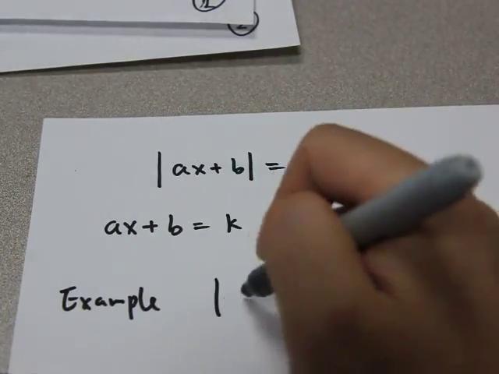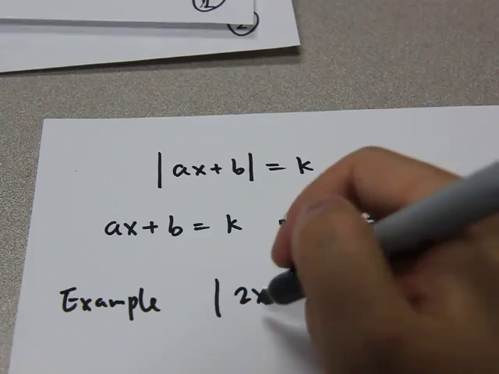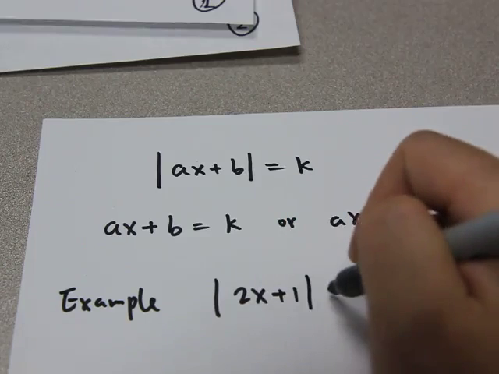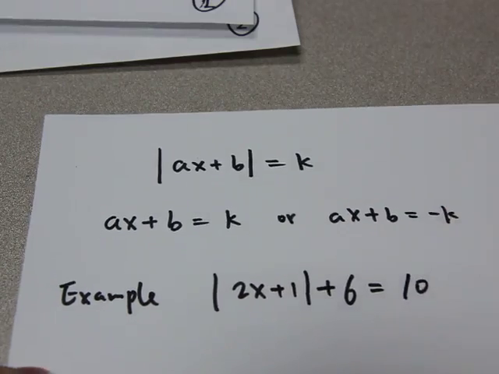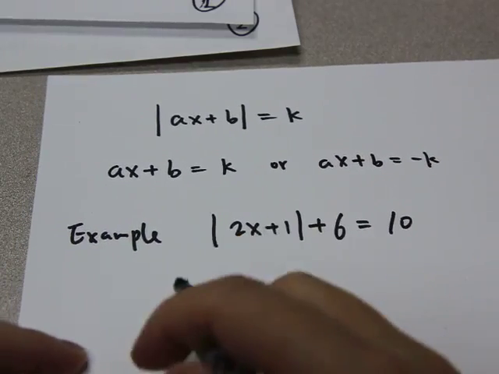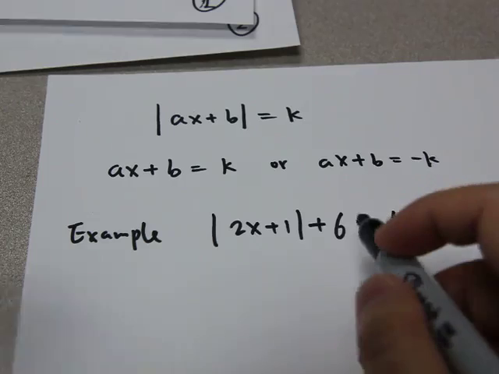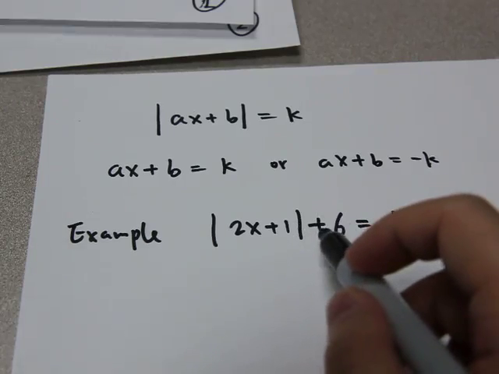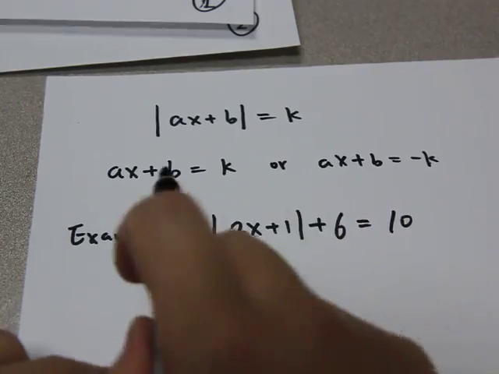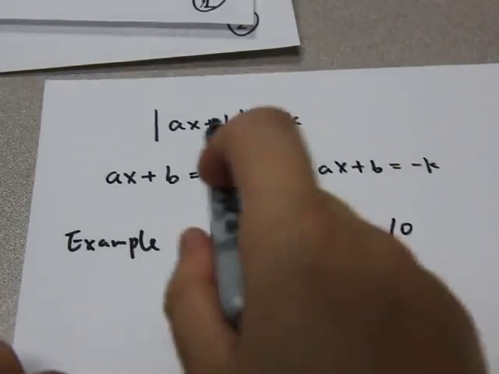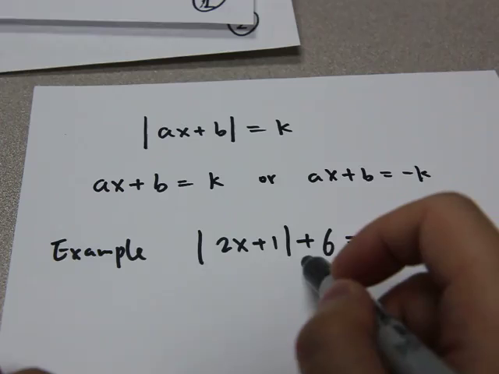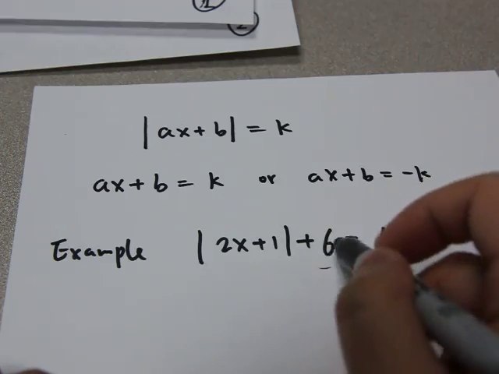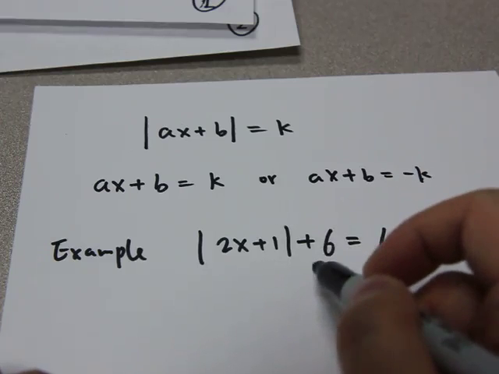Now let's consider this example. The absolute value of 2x plus 1, plus 6 equals 10. Now, some students wonder, okay, how can we use this formula over here? Because we have a 6 on the left-hand side, right?